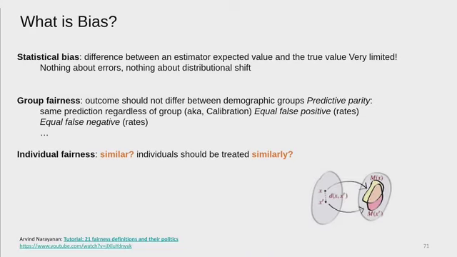There's different types of biases as well. Statistical bias, the difference between, for example, an estimator's expected value and the true value. Group fairness, where the outcome should not differ between demographic groups, individual fairness, whatnot, right? There's a lot of different fairness approaches.